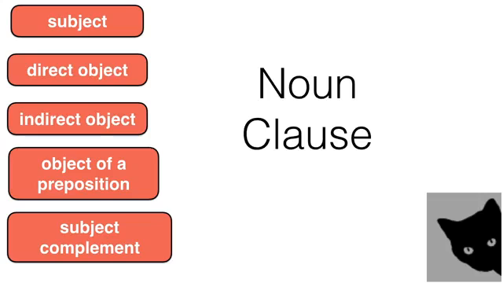As you've learned before, a clause contains a subject and a verb. In this case, a noun clause contains a subject and a verb and is performing the job of a noun. Let's take a look at a few examples so I can show you what I mean.